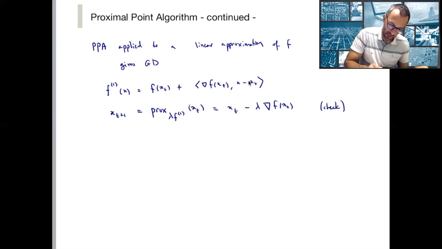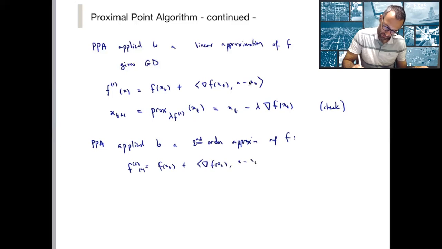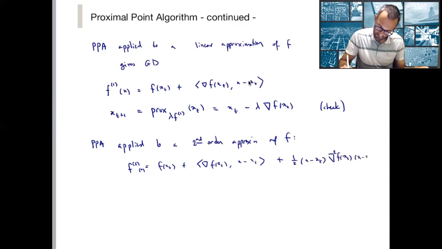It's also interesting to apply it to the quadratic. So the PPA, the proximal point algorithm, applied to a quadratic approximation, a second order approximation of f, in other words, f2 of x is equal to f of x t plus the linear term plus the quadratic term, gives something that is familiar, though we haven't seen it exactly.